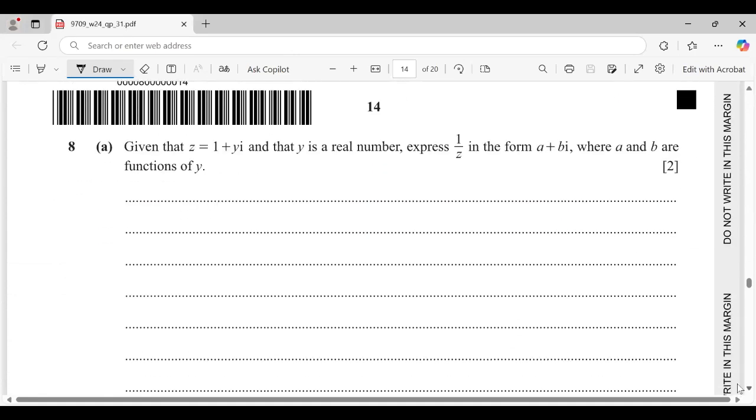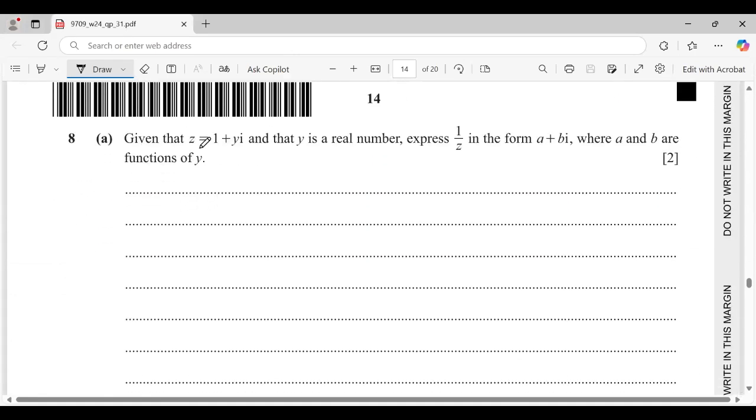Number 8. Given that z equal 1 plus yi and that y is a real number, express 1 over z in the form a plus bi, where a and b are functions of y. 1 over z equals 1 over 1 plus yi.